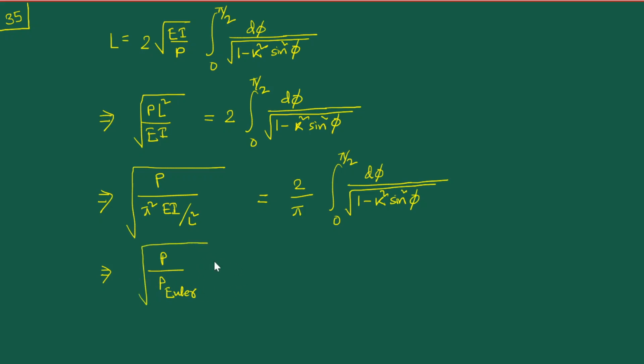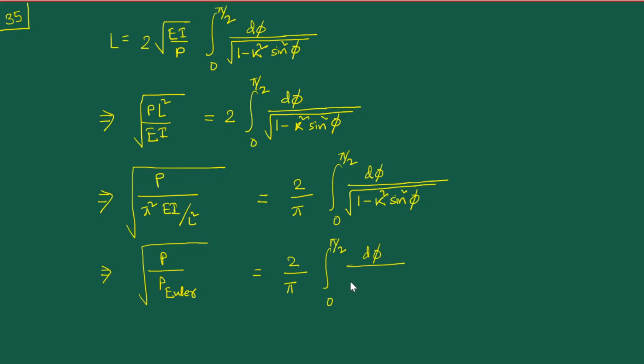Suppose you rethink about this problem in the sense that you know the value of this ratio P by P Euler, which is equivalent to saying that you know the value of P, then you can find the value of K to find the value of alpha.